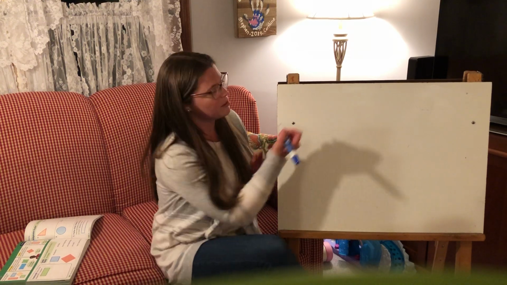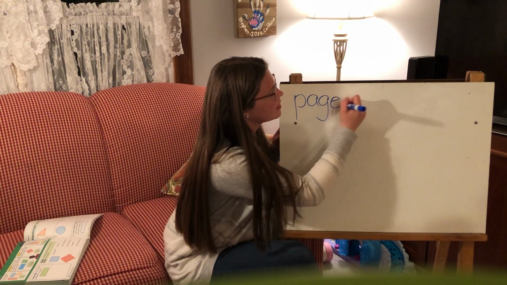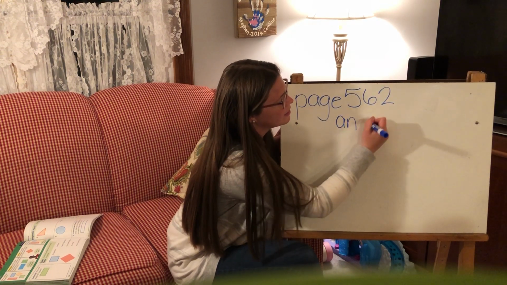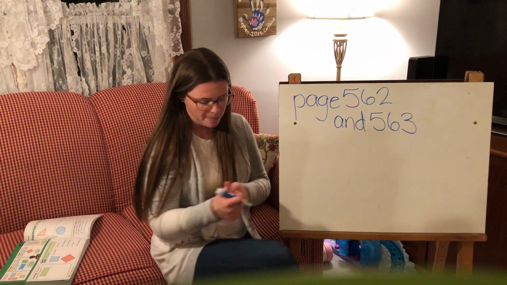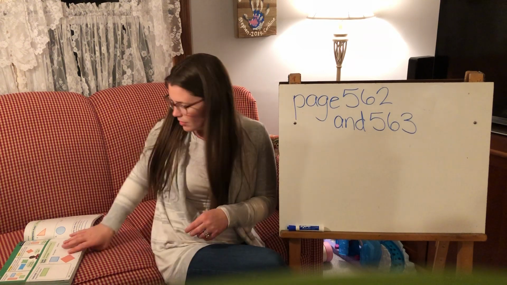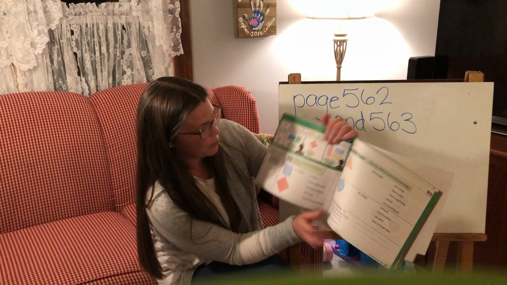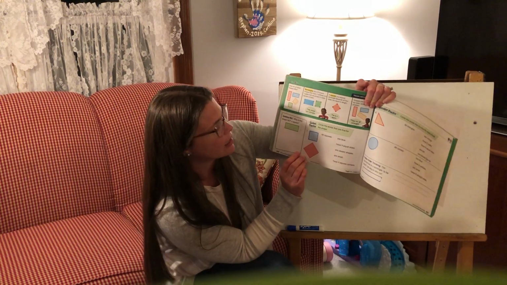So today, you're on page 562 and 563. And let's see, I'm going to go over what you're supposed to do here. So they have a couple pictures of squares here.